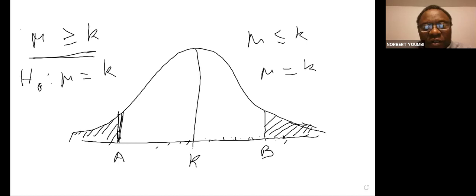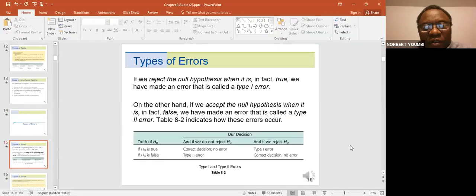So in testing the null hypothesis, we can encounter two types of error, which will be represented on a table here. So we will assume that H0 is true or H0 is false.